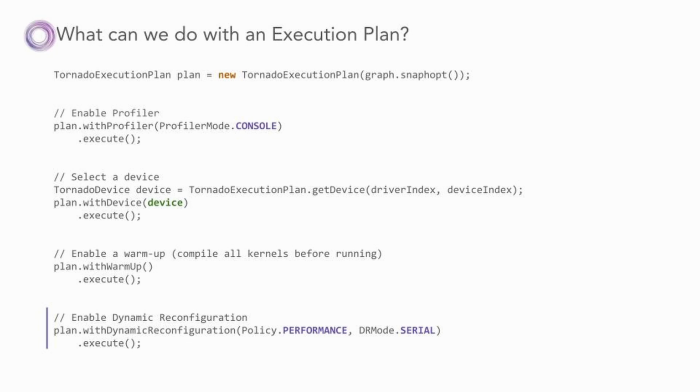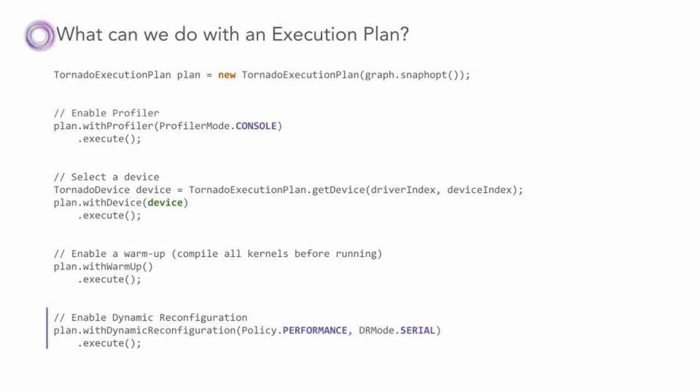Ideally you want the fastest one, but it depends on what you want to achieve, right? And that's the goal of dynamic reconfiguration. So instead of relying on the user to try and error on different devices, measure it, and then make a decision, Tornado can do all of it for you. And that's what we call dynamic reconfiguration.